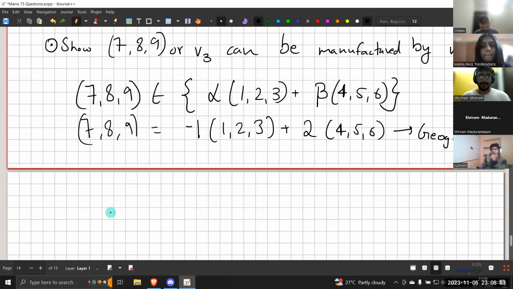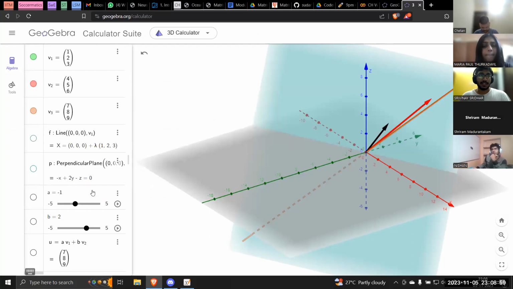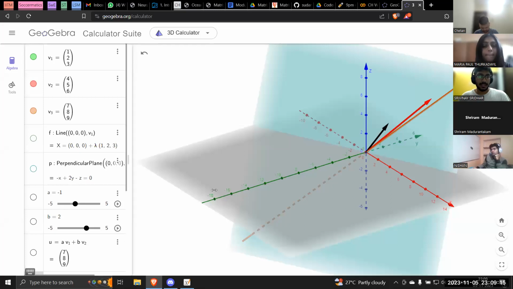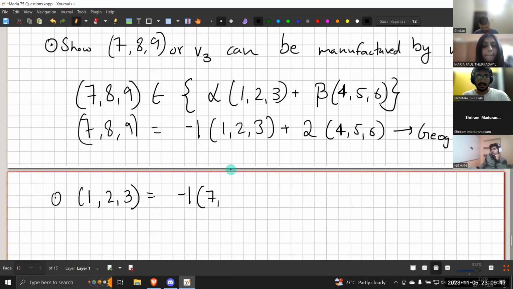So in the second case, we were able to show that 1, 2, 3 is equal to -1 times 7, 8, 9 plus 2 times 4, 5, 6.